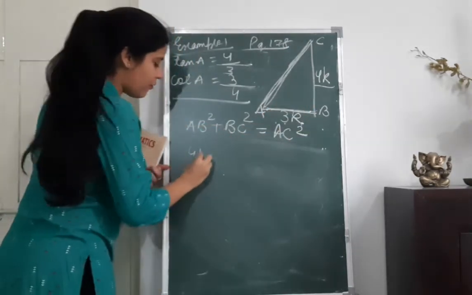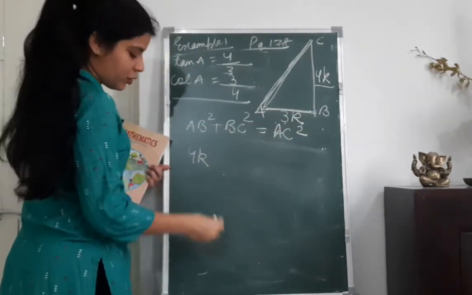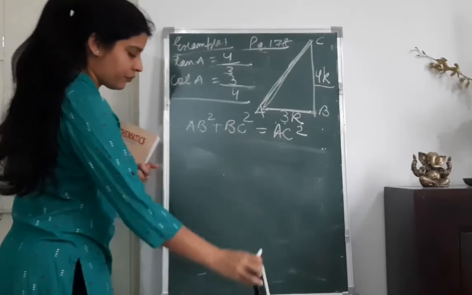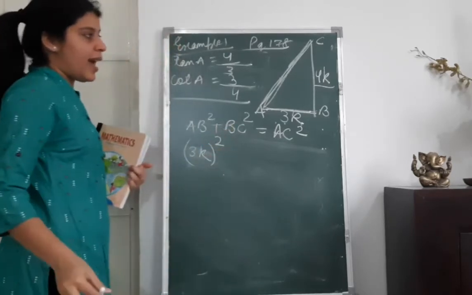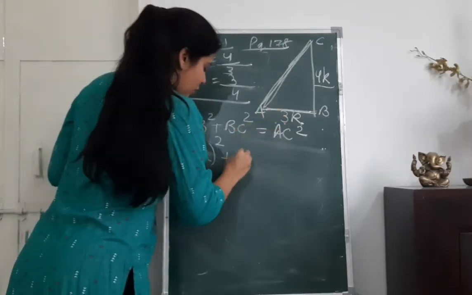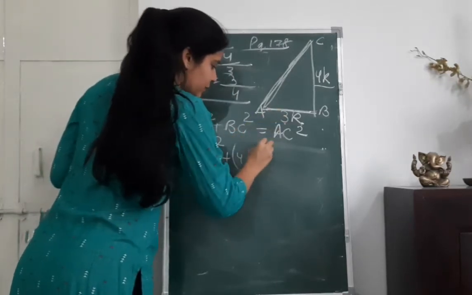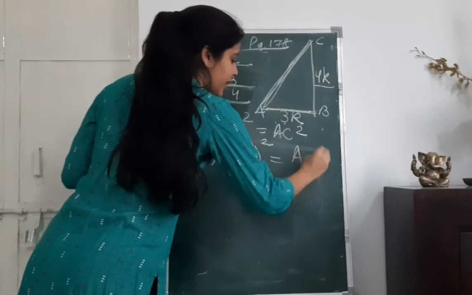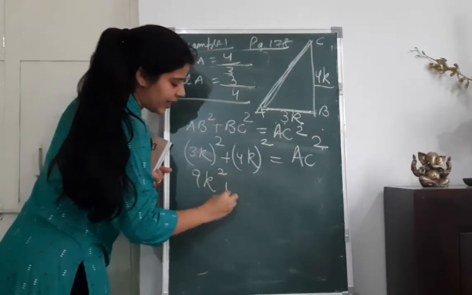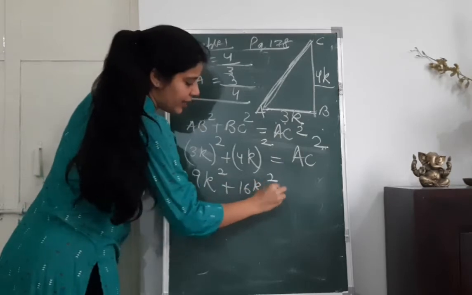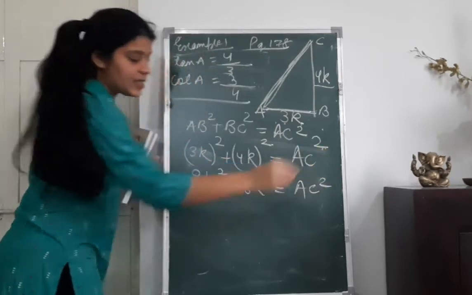So AB is 3K, 3K whole square, and BC is 4K, 4K whole square, that is going to be equal to AC square. This is 9K square, and this is 16K square, equals AC square.